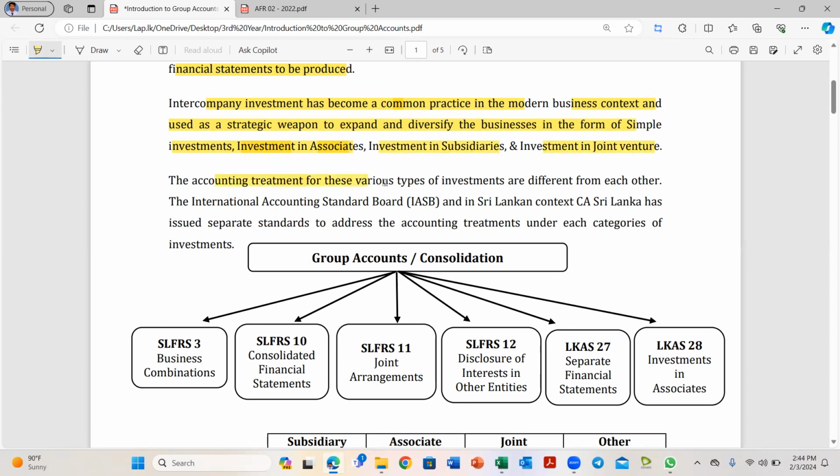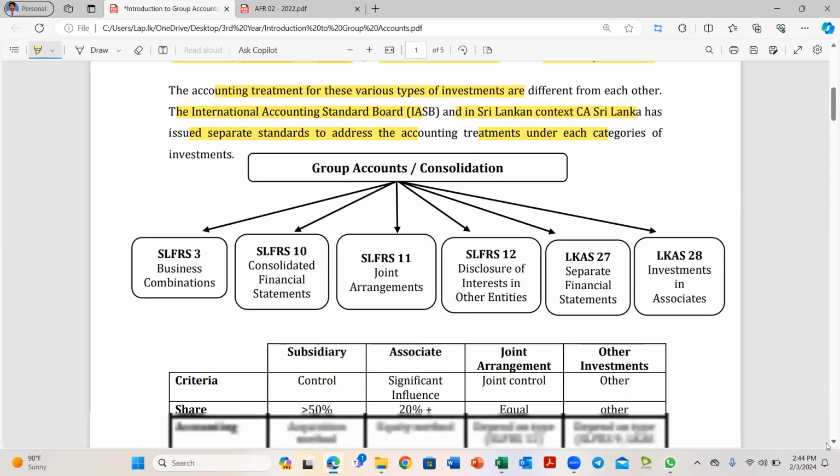The accounting treatment for these various types of investment is different from each other. The IASB, the International Accounting Standards Board, and in the context of Sri Lanka, CA Sri Lanka, have issued separate standards to address the accounting treatment under each investment.